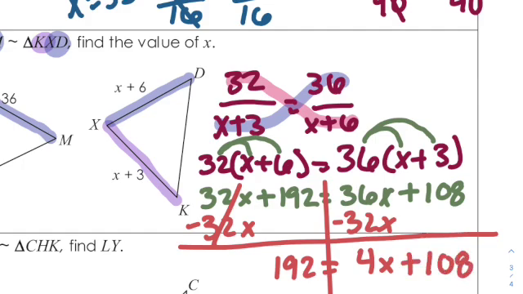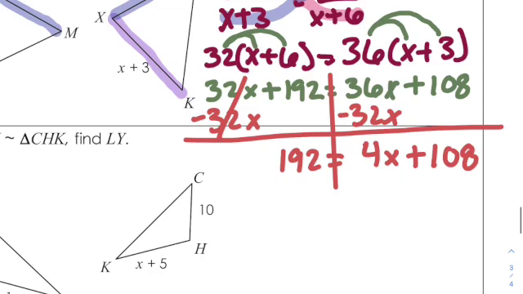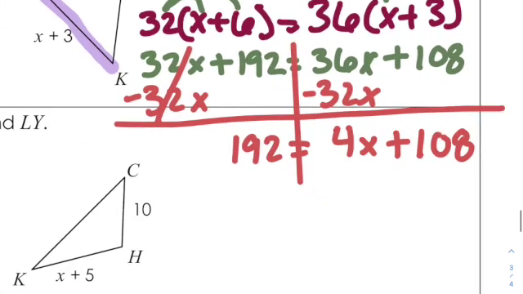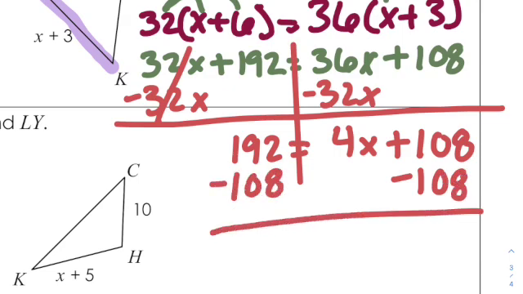We already moved our x's to the right side, so there's no point to move them again. This time we have to move the 108 to the 192. Since the 108 is positive, in order to move it to the other side, we're going to do the opposite of what it is. So we're going to subtract 108 from both sides.